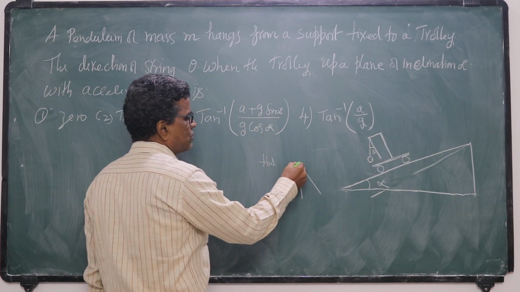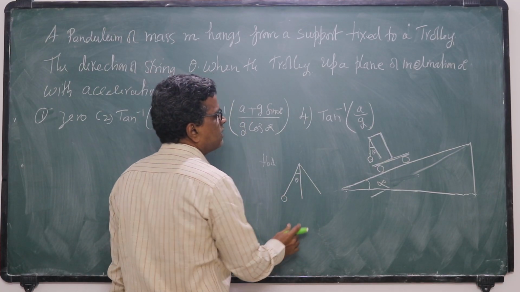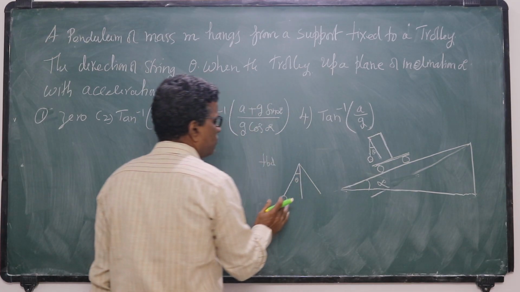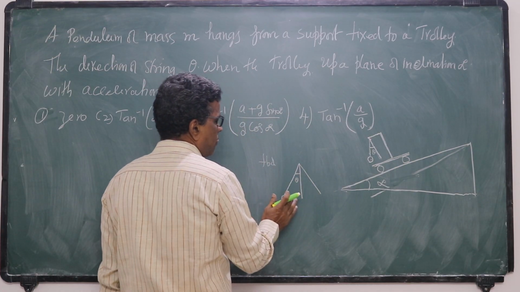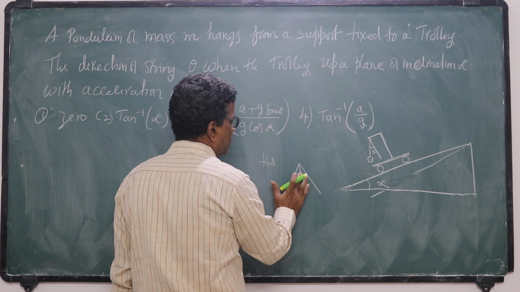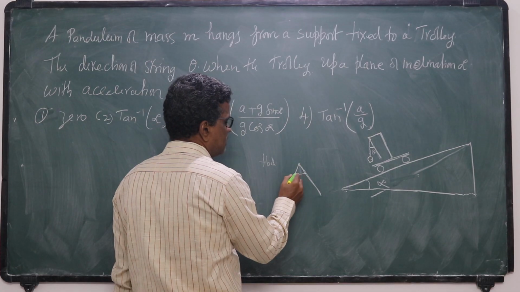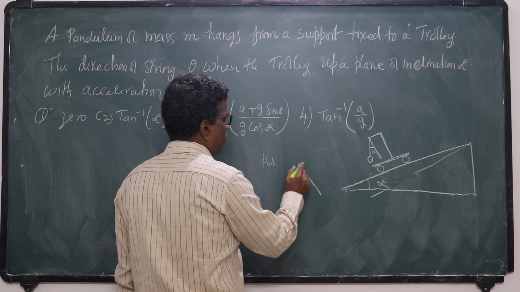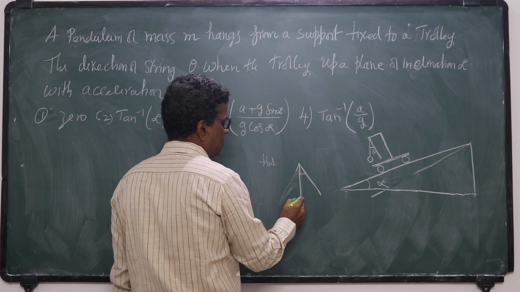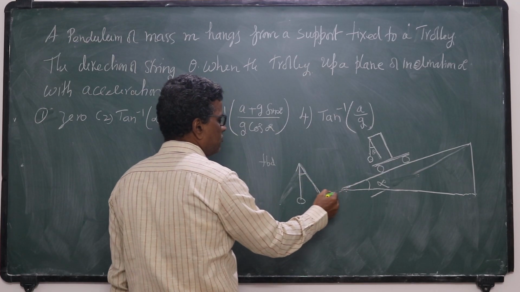This is the support, support vertical. Normal to this, I will take this one as the vertical. So this is the pendulum, and this is the vertical to this one.